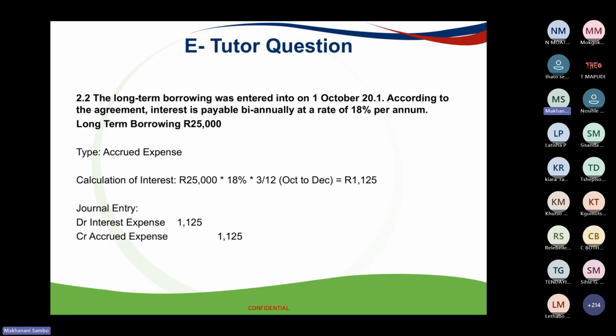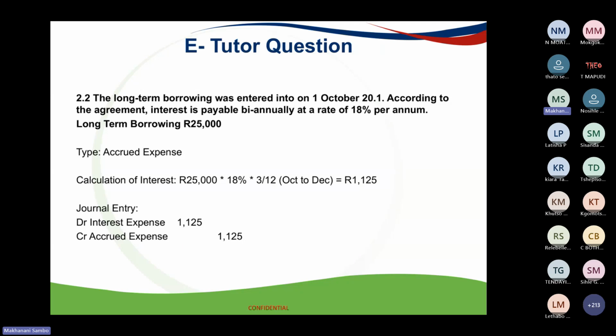To get to the interest, we need to make a calculation where we take the amount which we have borrowed, which is the 25,000, at the interest rate of 18% per annum.